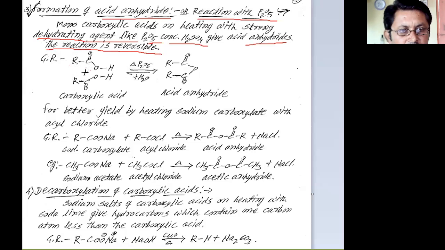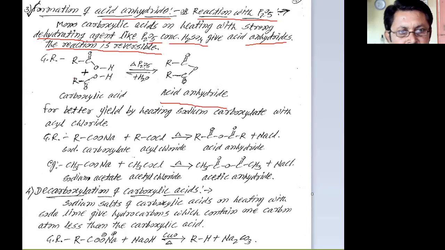There are 2 molecules of carboxylic acid. I will write it as a structure to understand better how the acid anhydride is formed. Here, RCOOH plus RCOOH. There are 2 molecules of carboxylic acid, RCOOH.